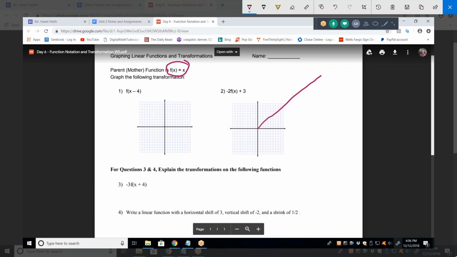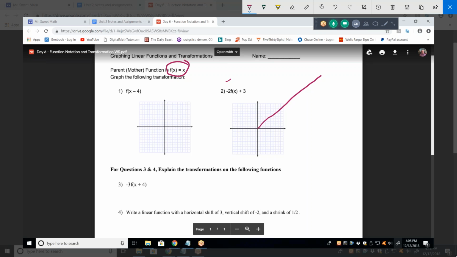What does the negative sign do? Doesn't it move it downward? No, it's a vertical transformation. All 3 of these, we've got a negative sign, we've got a 2, and we've got a plus 3. All 3 of those are outside the function, meaning they're all vertical transformations.